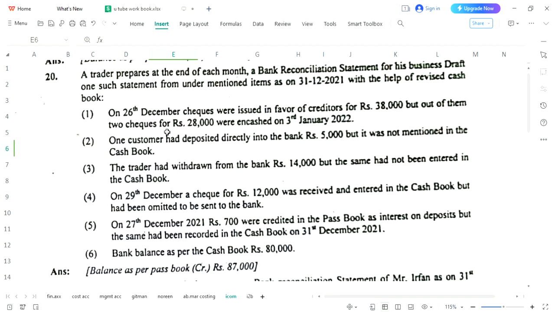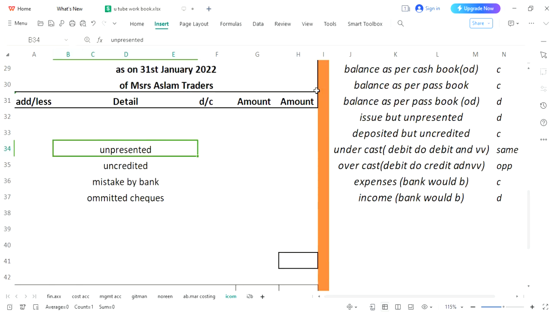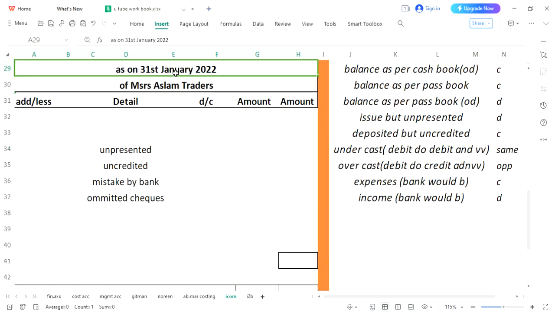Now next entry. We will now come back to the first entry, 26 December. Please note it down. This is BRS and we have missed the name and the date. So let's write. This is 31st December 21, and we are going to change the old question date to December, and now it is 21.